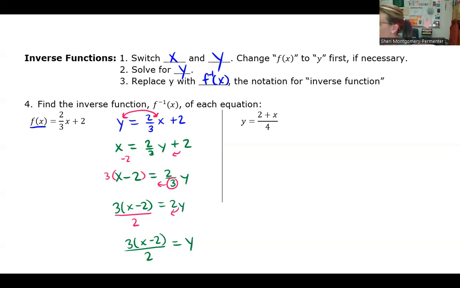Did we solve for y? So the last step is just to write it with the function notation. So all I'm going to do is rewrite it. So f of -1 is equal to 3x minus 2 all over 2.